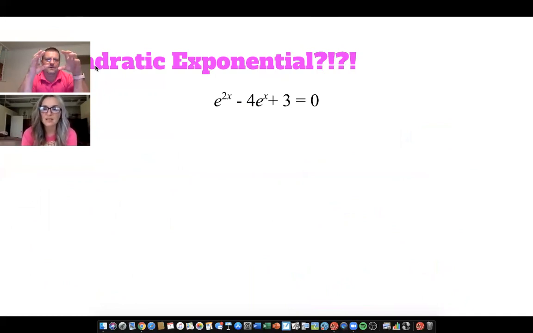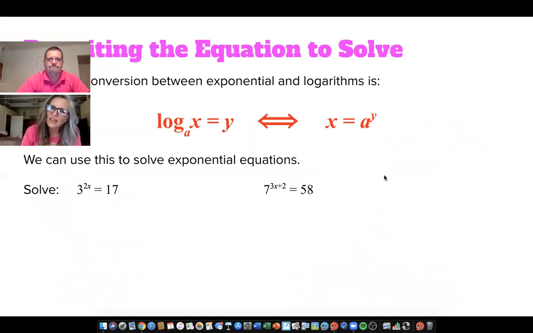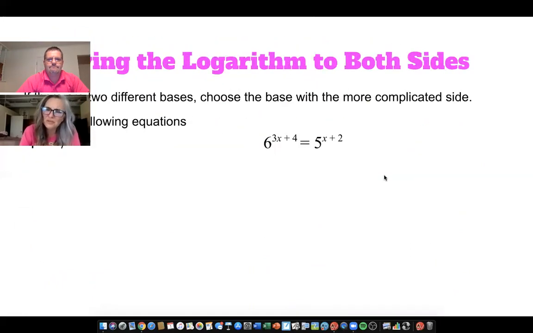We did this before where we had x to the fourth and x squared because the exponents were double. So I want you to realize here that we're going to have to solve log equations too.